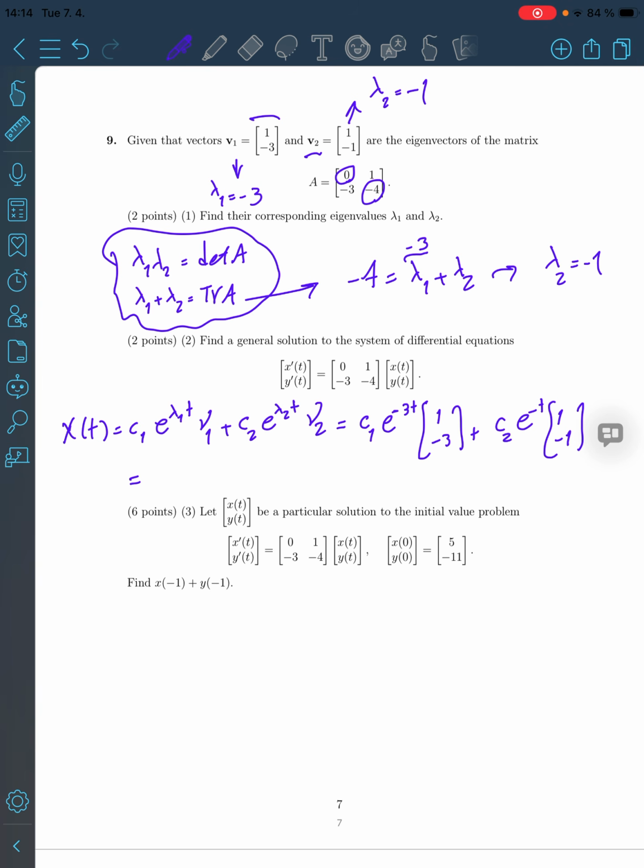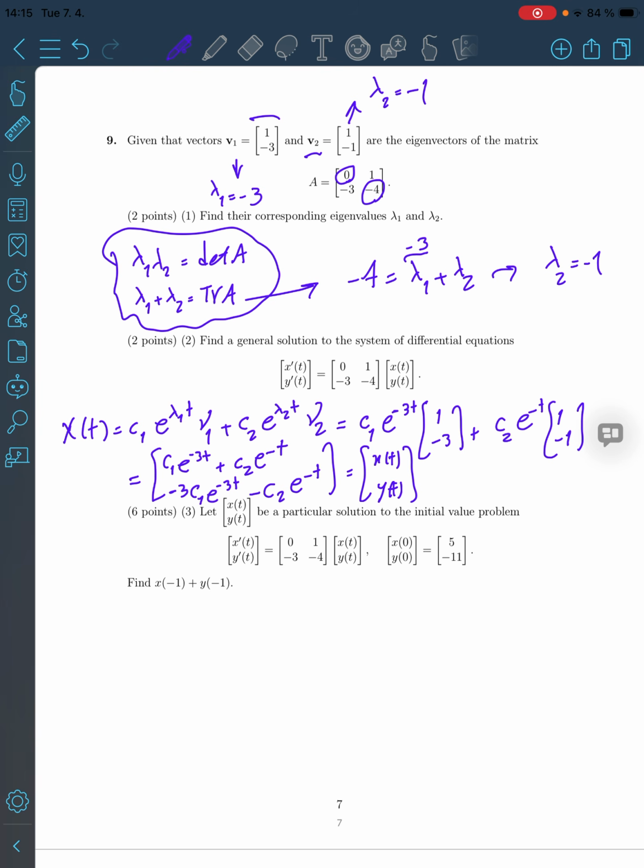You can clean up this equation a bit. So here you have x(t) = c1 e^(-3t) + c2 e^(-t), and y(t) = -3 c1 e^(-3t) - c2 e^(-t), right? And therefore this is going to be your x(t) and y(t).